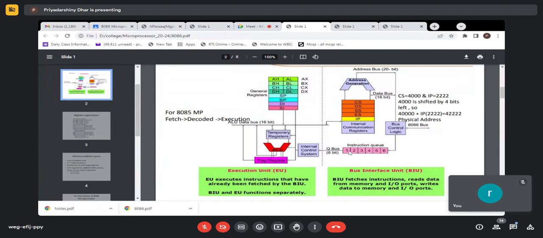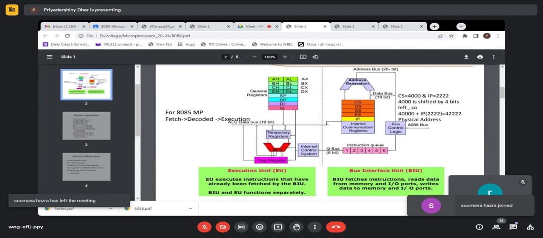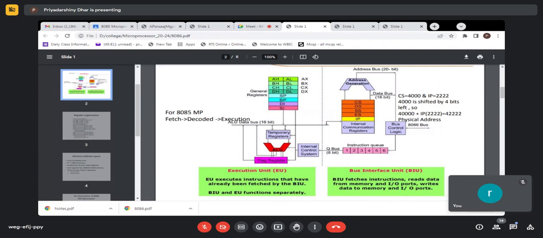So register 1 stores this opcode. Now second, it reads the instruction code and stores it here. Second, third, store another instruction. Fourth, fifth, sixth. Now it can store a maximum of 6 bytes.